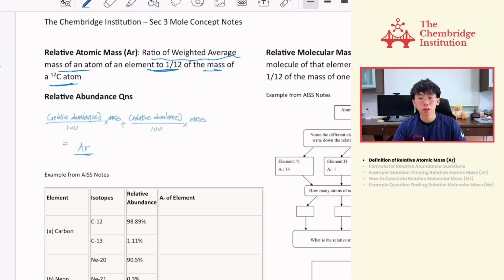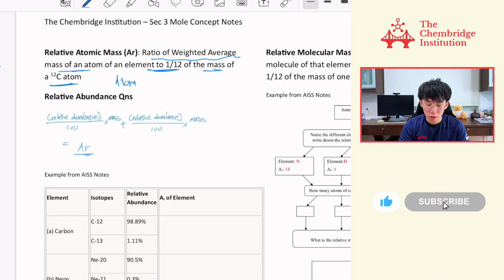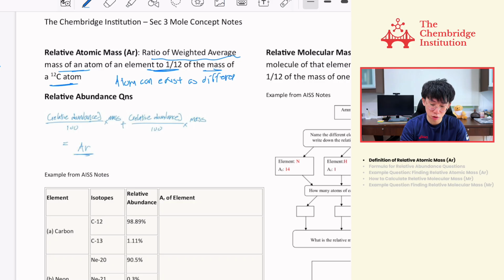And why do we say it is the ratio of the weighted average mass of an atom? It's because an atom can exist as different isotopes. With all the different isotopes, they're going to have different masses.